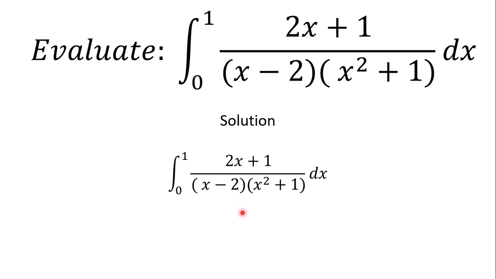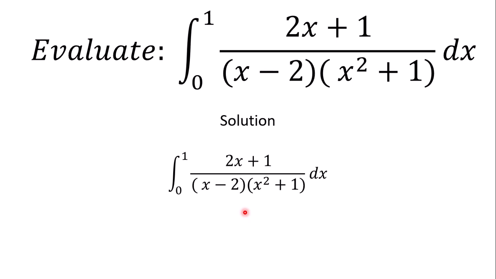Then you apply integration by parts to solve it, or maybe you make use of substitution and then do cancellation and solve. I don't know how, but as I said, we are going to use the partial fraction approach to solve this question here.